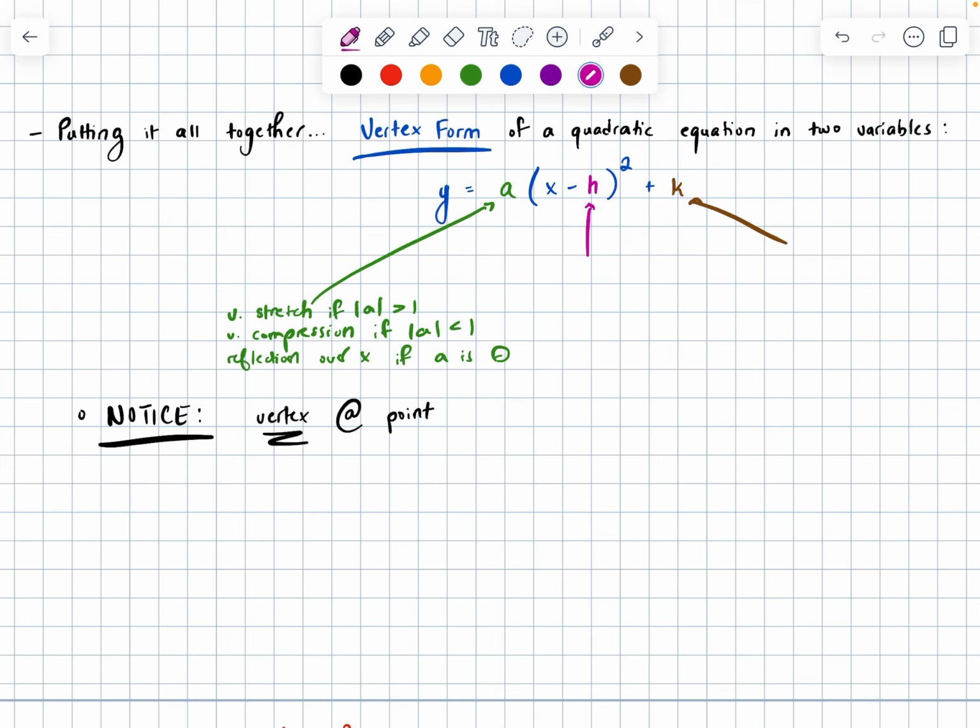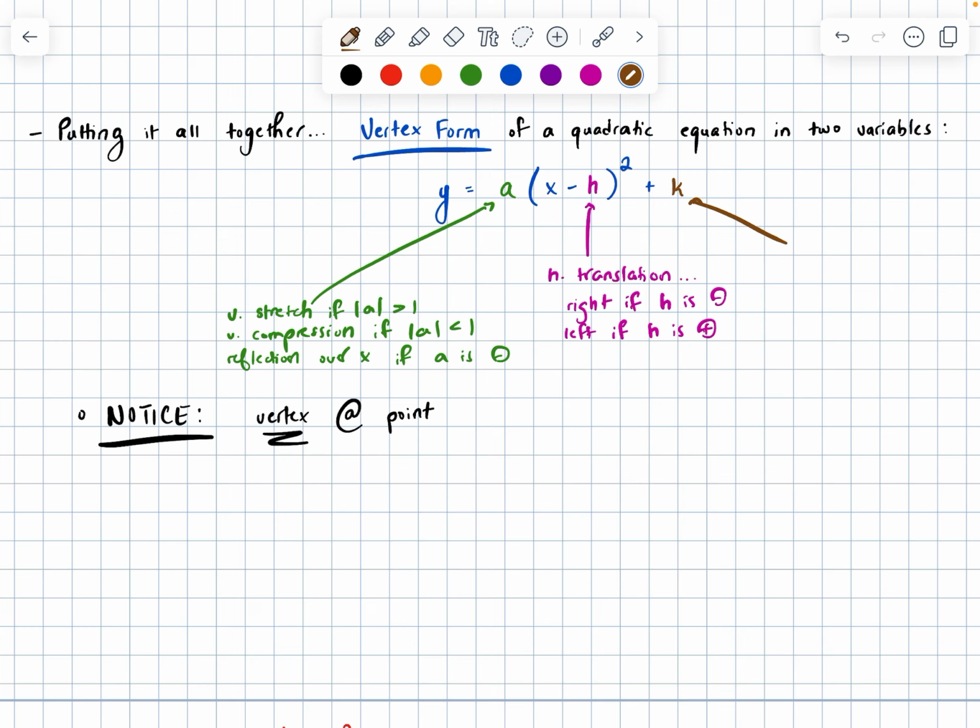For our pink h here in the middle, this is responsible for our horizontal translation, which I abbreviate as H. Here, if the value of h is negative, our graph moves right by h units. And if the value of h is positive, our graph moves to the left.